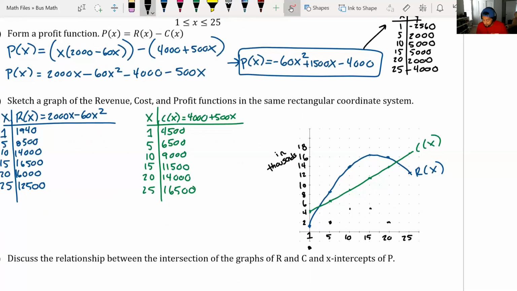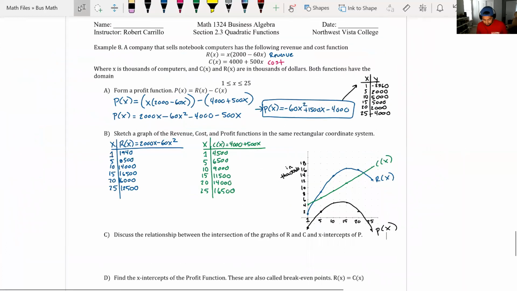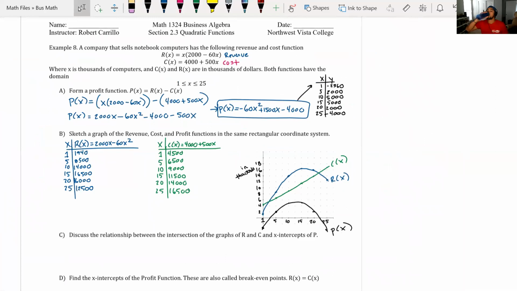And 25, we're back in the negative, so somewhere down here. So here's what profit looks like. Done. The graph is done. Keep moving, keep moving.